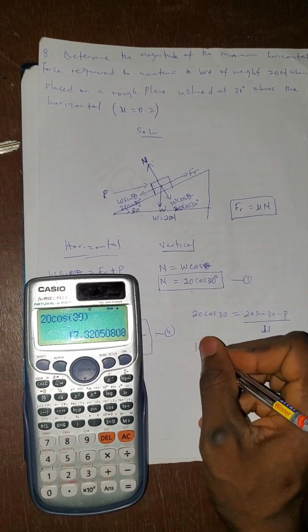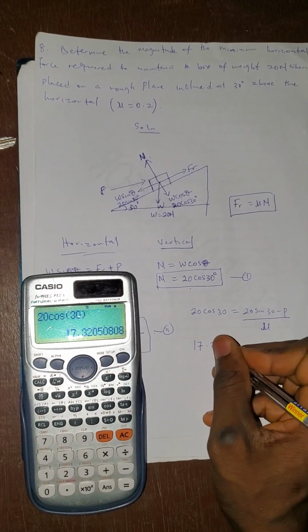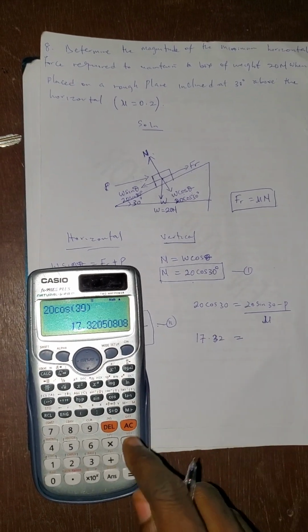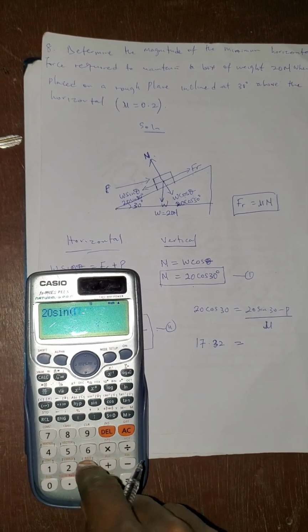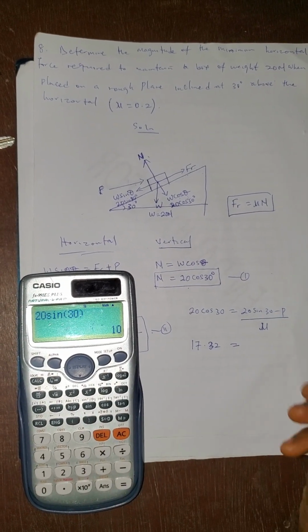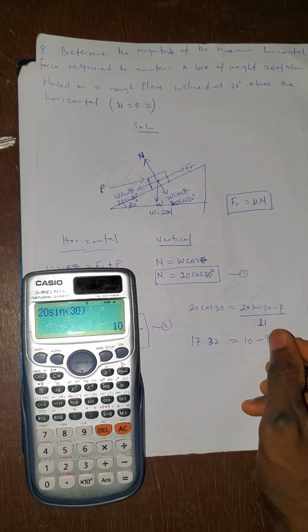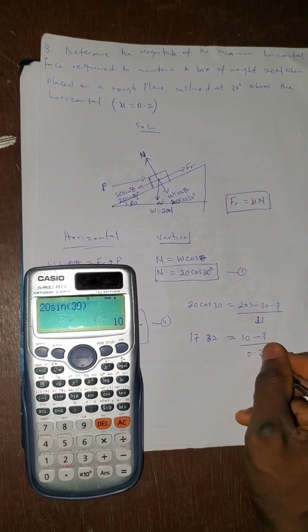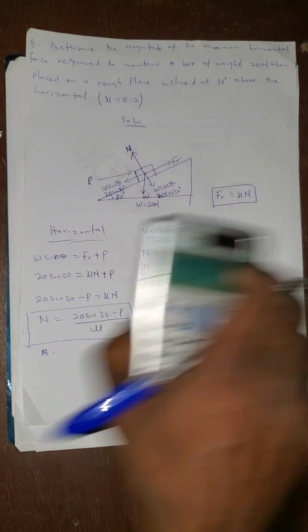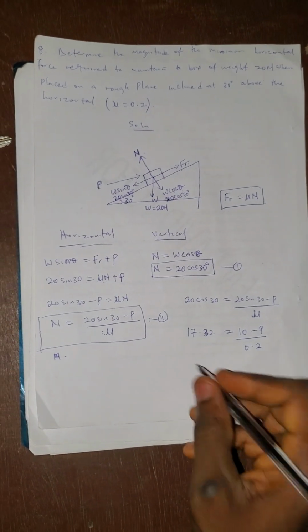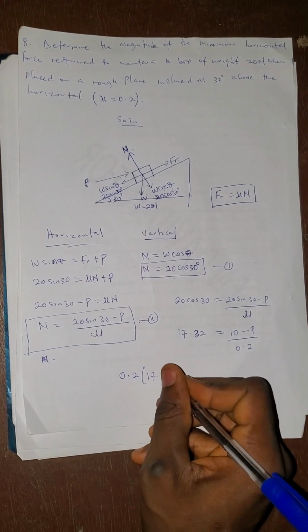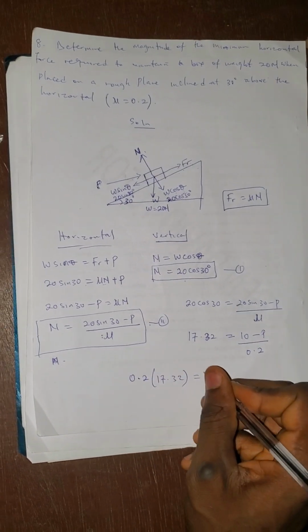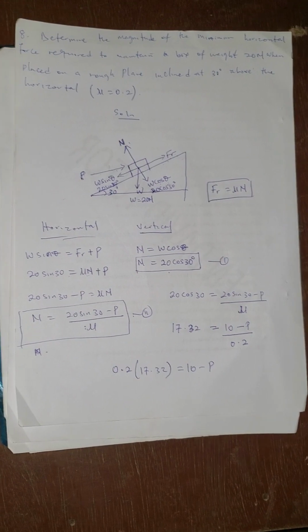It will give us 17.32. 17.32 equals, now this time around we have 20 sin 30. That will give us 10. So we have 10 minus P all over the coefficient of friction, which is given to us as 0.2. Then if you cross multiply, we have 0.2 into brackets 17.32 to be equal to 10 minus P.